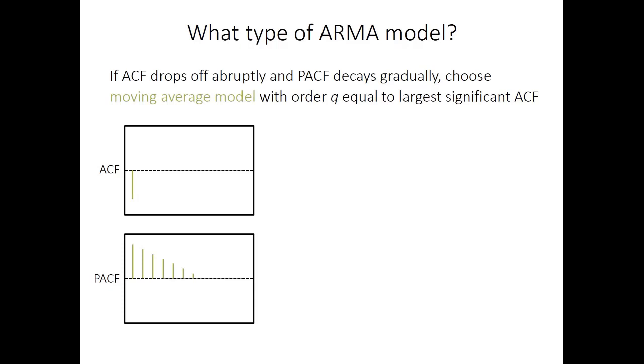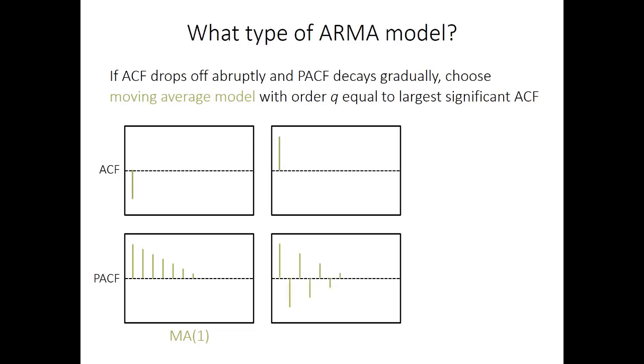This example suggests a first-order moving average, or MA1, process, because there's only one significant ACF lag and the PACF decreases gradually. Like before, the partial autocorrelation function can alternate back and forth, but this is still MA1 because there's only one significant autocorrelation lag.